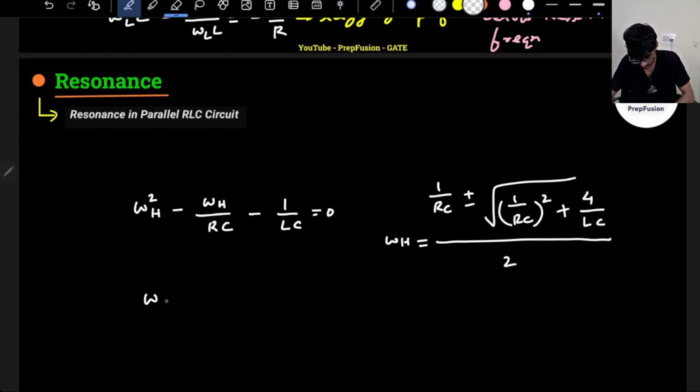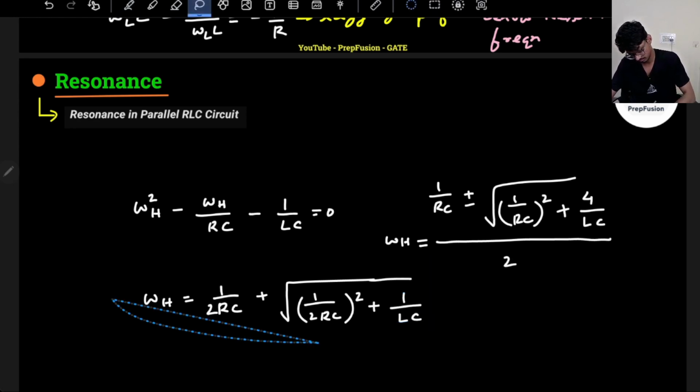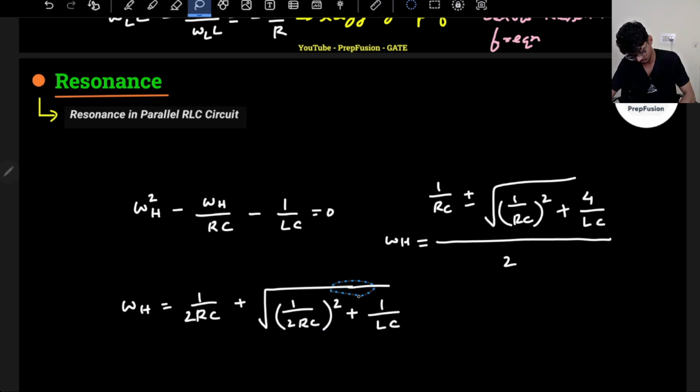So omega h is equal to 1 by 2RC plus minus, this plus this can be written, if 2 is going inside, 1 by 2RC whole square plus 1 by LC, okay.